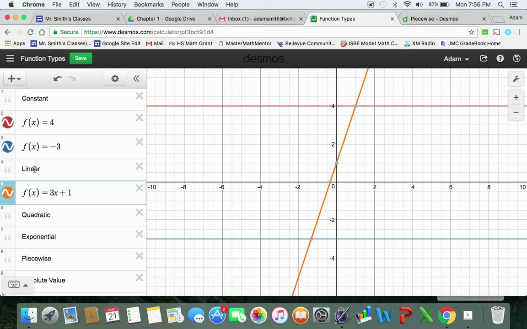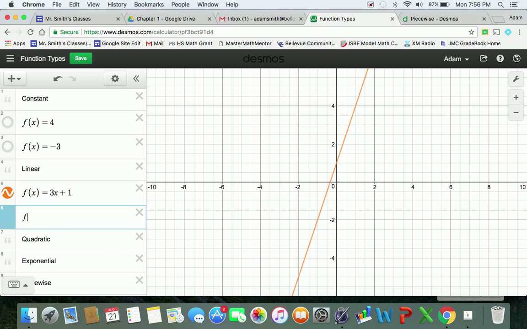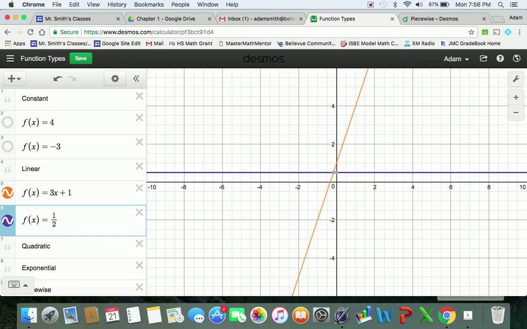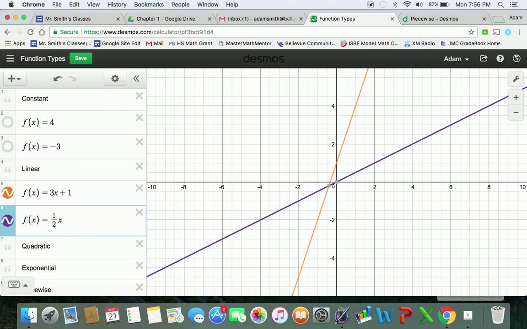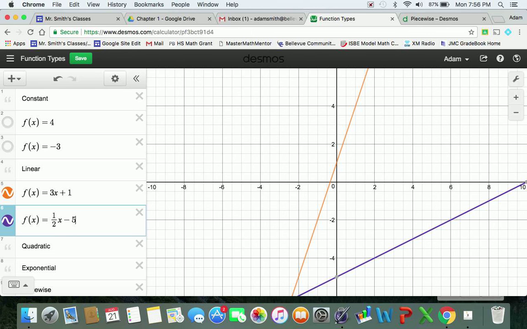And I'll clear these out, make it a little easier to see. Because it's linear, it makes a line. And f of x, again, being y, f of x needing to be by itself, they're always just going to take the y equals mx plus b approach. So minus 5, something like that. Okay, both of those are linear functions.